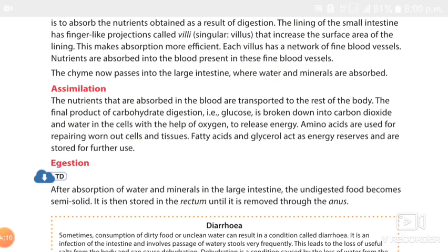Now we have studied nutrition in animals. Next let's move on to the topic nutrition in ruminants, which we'll study in the next class. Today I'll send you the pages for lesson 2.